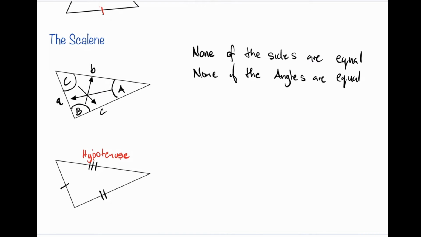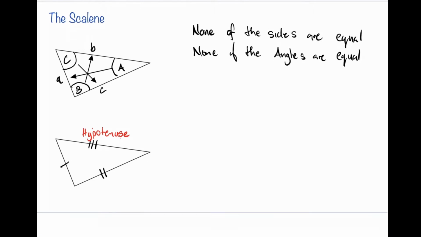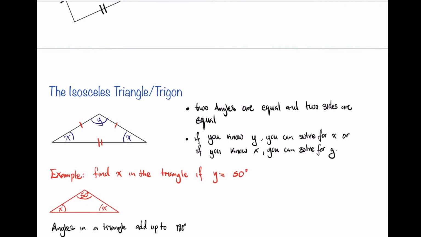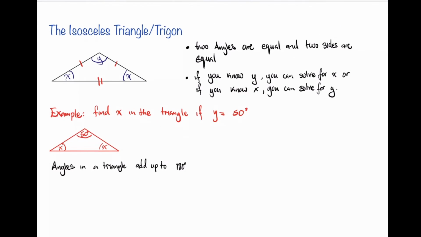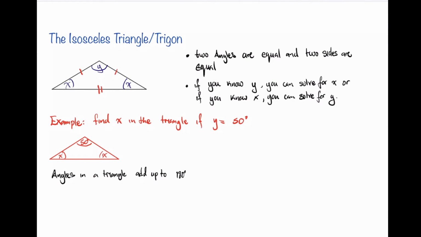Moving right along, we now look at the isosceles trigon. When we talk about an isosceles, we're talking about a triangle with 2 sides being equal and 1 side not being equal to the other 2 sides. Also, 2 angles should be equal and 1 angle should be different.